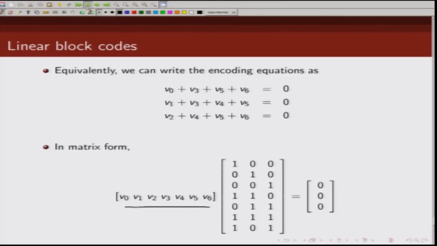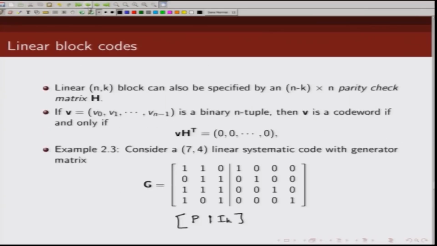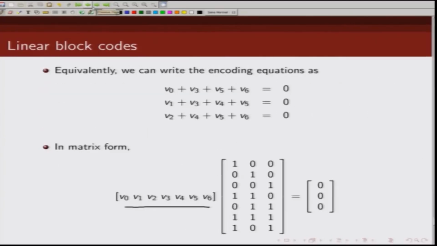And what did we say about the parity check matrix? We said that if H is a parity check matrix, it is an n minus k cross n matrix, and it has the property that VH transpose is 0. So we can write this as: this is my V, this is my H transpose, VH transpose is 0. Then what is my H matrix? H matrix is the transpose of this matrix.